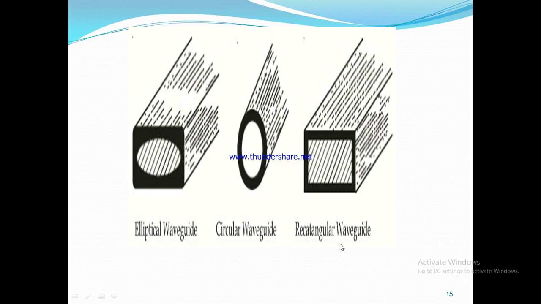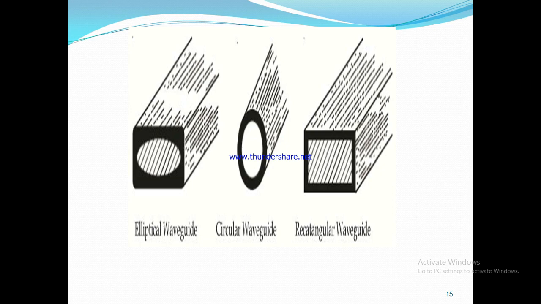So for frequencies above 1 GHz, if we want to transmit, we have to use waveguides. Waveguides are essentially coaxial lines without a center conductor.